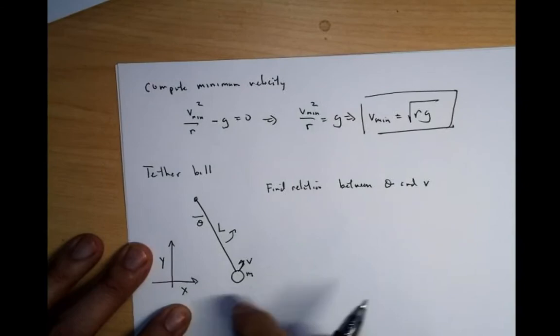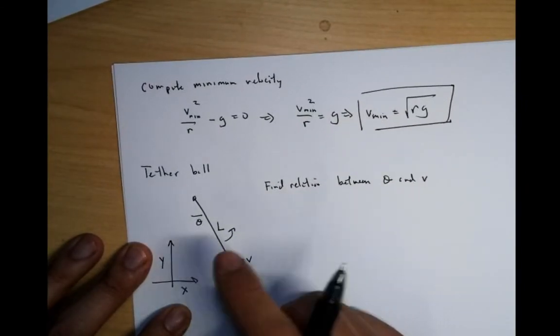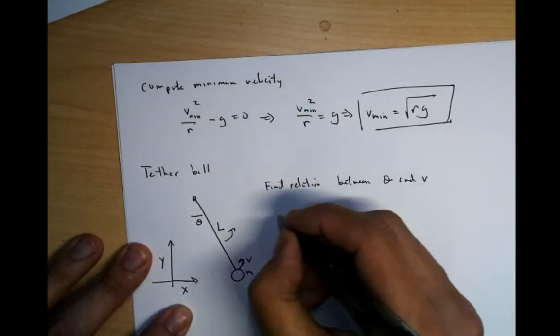We don't know it yet. I know that if I swing this really fast, the angle will open up. If I swing really slow, the angle will decrease.